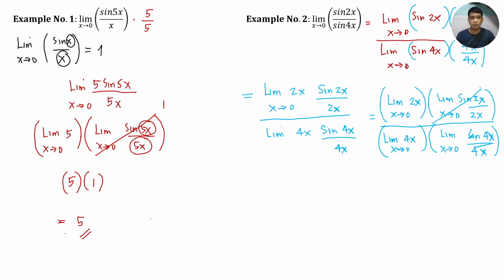Since this is equal to 1 and this is equal to 1, magkakaroon tayo ng limit of 2x all over limit of 4x. Pag sinubstitute natin, magiging 0 over 0, indeterminate pa rin.